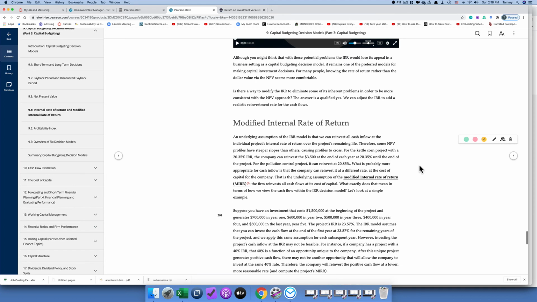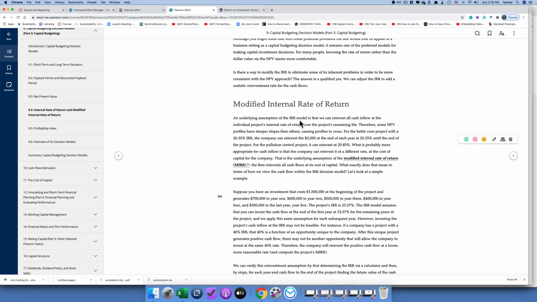Well, we can get past this with what's called the modified internal rate of return, or MIRR. Because one of the issues with the IRR is that, as I said, it's assuming that you're reinvesting at the rate of return of that project.